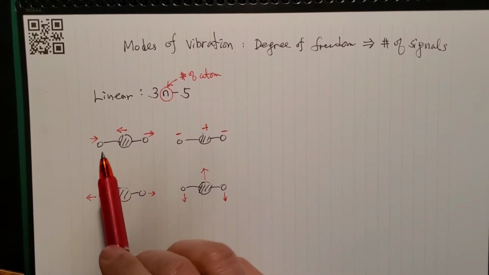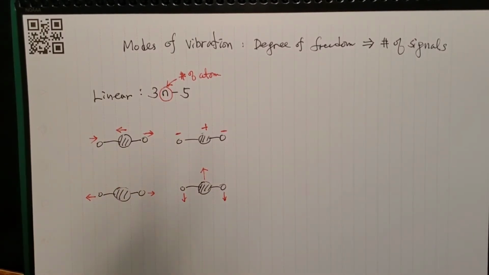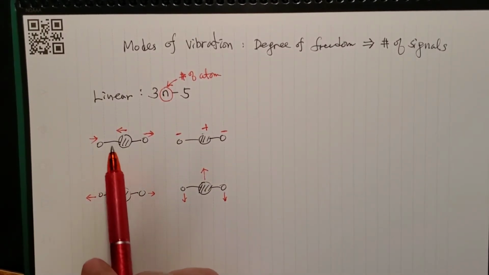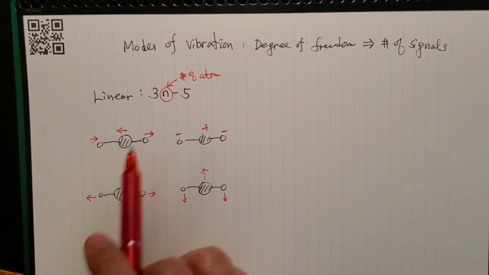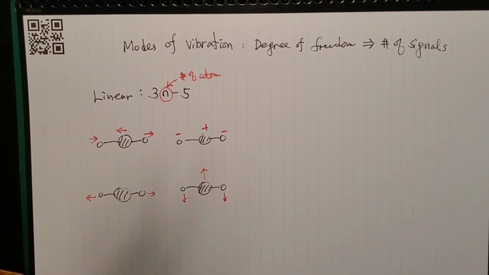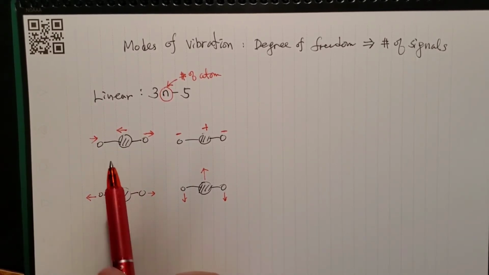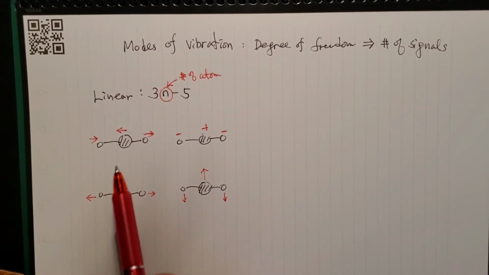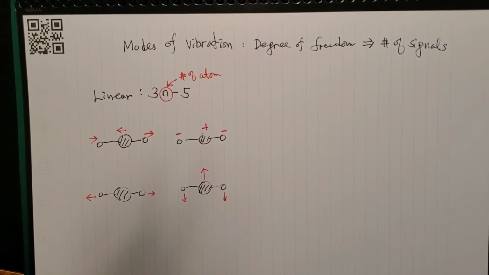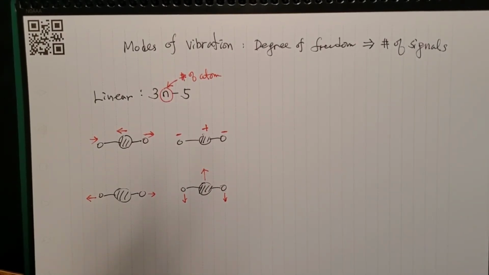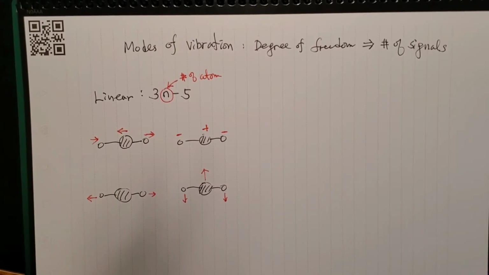When you have partial charges on these atoms, if you mimic the motion and calculate the dipole moment changes because you are changing the distance, you can get an idea of which mode will have a stronger intensity. I hope you remember that a more polar functional group will have a better interaction with the light.